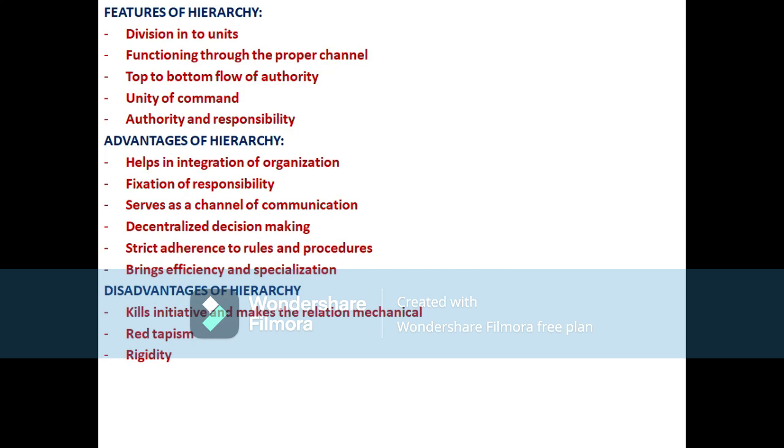Without dividing into units we cannot have a hierarchical organizational structure. Without division into units we cannot make any levels of management from top level to lower level. So this is the first feature.